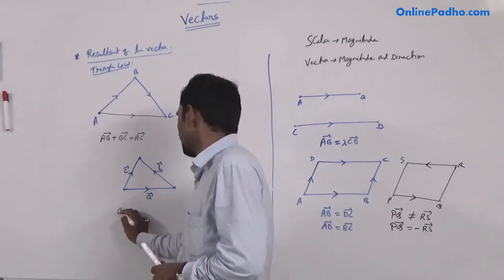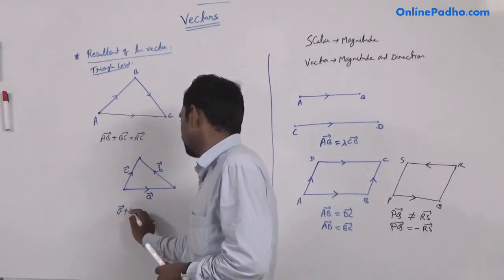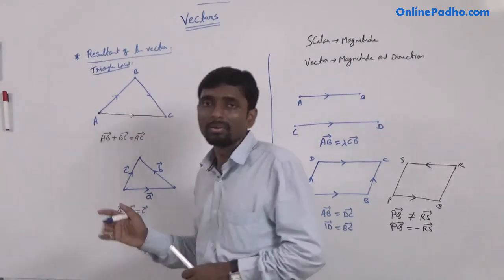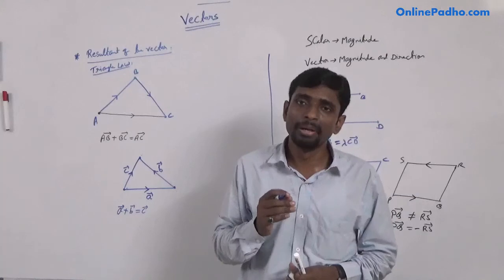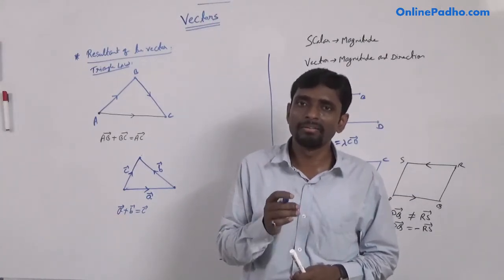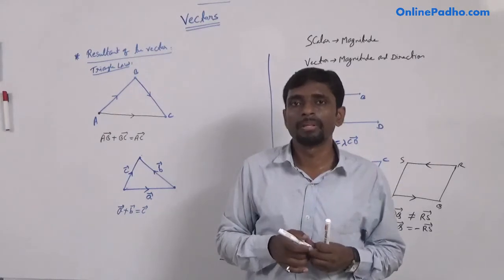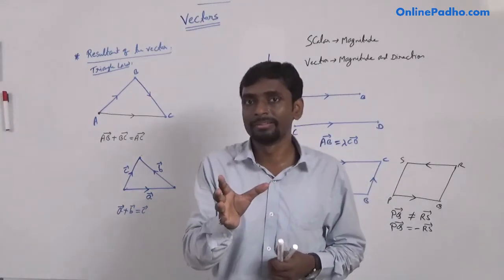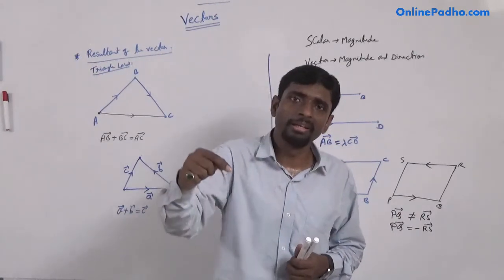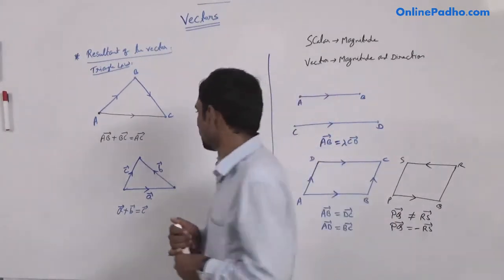So in this diagram we can say that a vector plus b vector is equal to c vector. You can use this concept in pentagon, hexagon, quadrilateral, octagon, decagon, everywhere. You just need a triangle and see the direction for that, right?